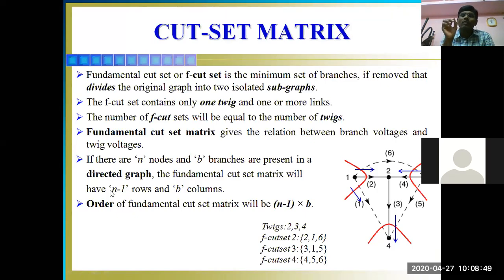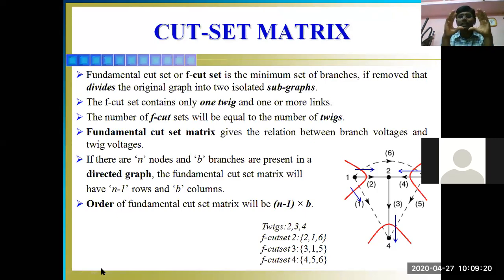So for a given tree and co-tree of a graph, you can form F cut sets equal in number to the twigs. But how do we form a fundamental cut set? That is given in the first sentence: the fundamental cut set is the minimum set of branches which, if removed, divides the entire graph into two isolated subgraphs.